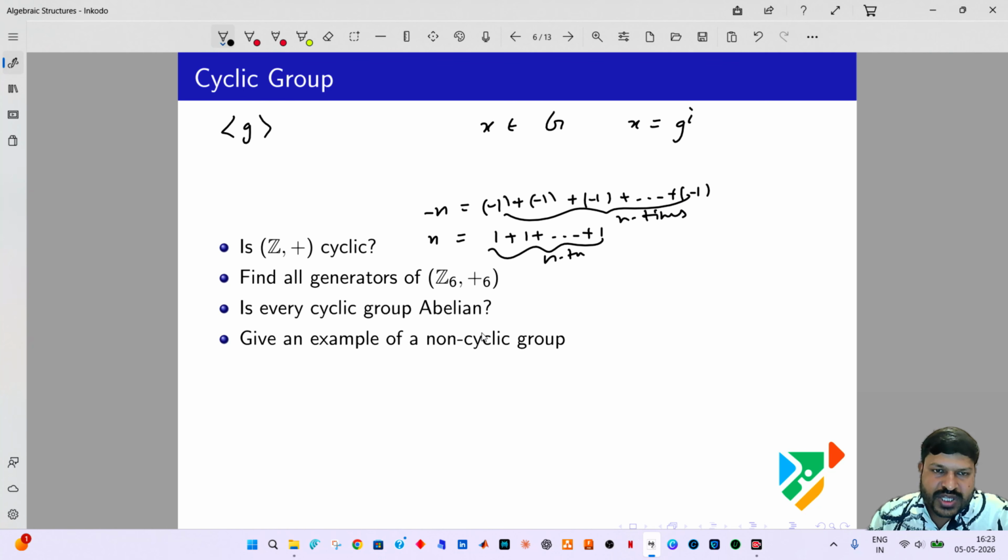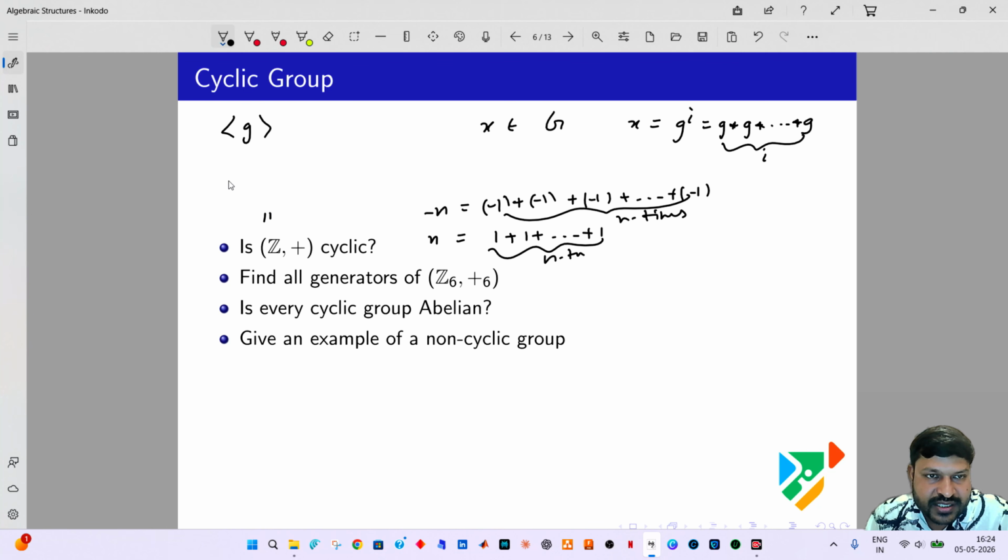Some of you might get confused that here I have written g power i and here I am writing minus 1 plus minus 1. Do not get confused. Let me explain. What does g power i mean? g power i means the group operation applied i times. Here, what is the group operation? Plus. So we are not writing g power i here.